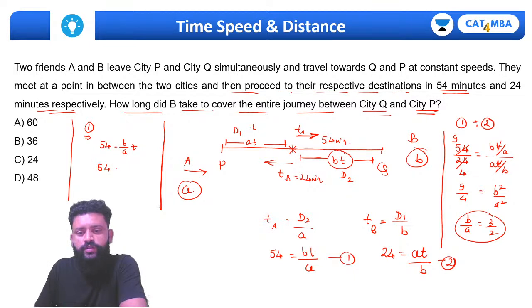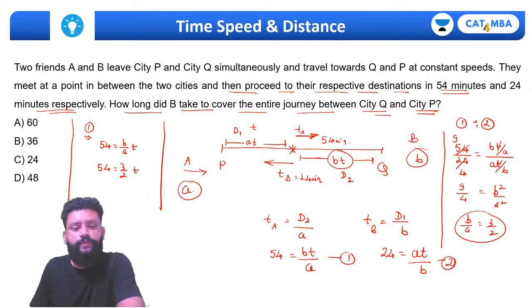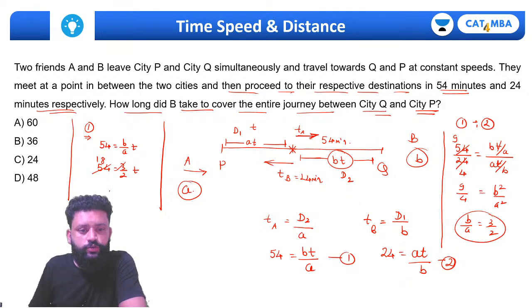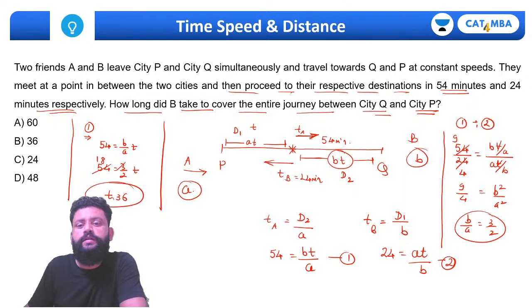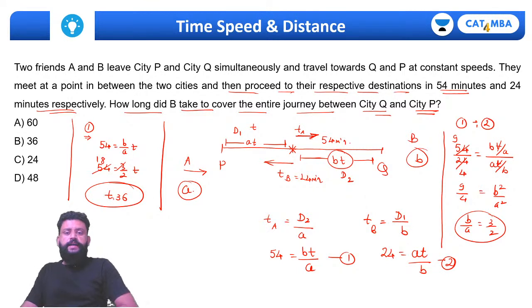So 54 equals 3 by 2 into t. If you divide by 3, 18 into 2, so t has to be 36. T has to be 36.